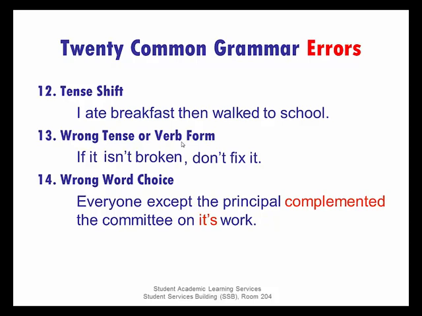Pal is another way of saying friend, and if you said the principal is my pal, that might help you remember the spelling. Complimented should be complimented, with an i. This means when you give someone a compliment. You did a great job today. The committee on its work, the apostrophe should be removed because the committee is not a person, it's a thing. So we say its work.